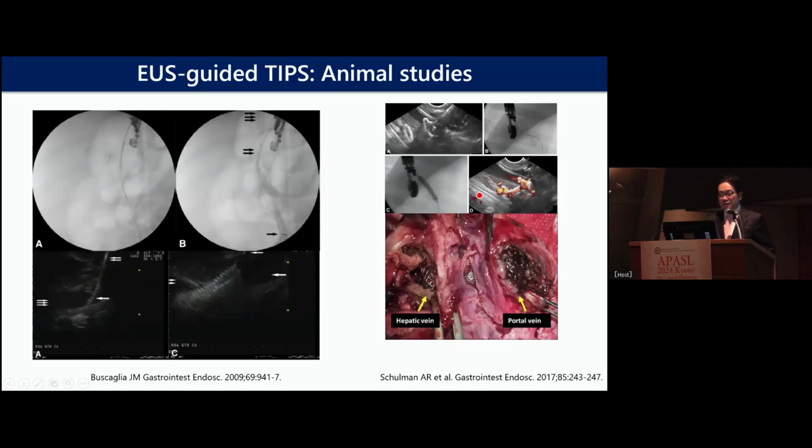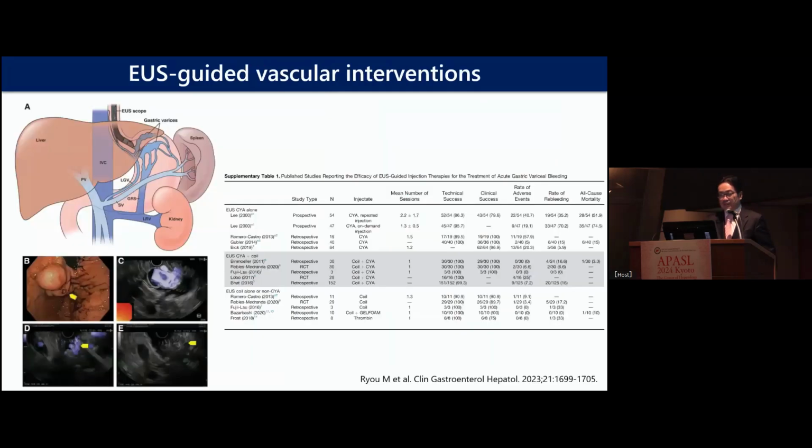And in this study, they used a lumen apposing metal stent for the portosystemic shunt. So maybe in the future, we can use this technique rather than TIPS, because if we perform EUS, we can do everything under EUS guidance.